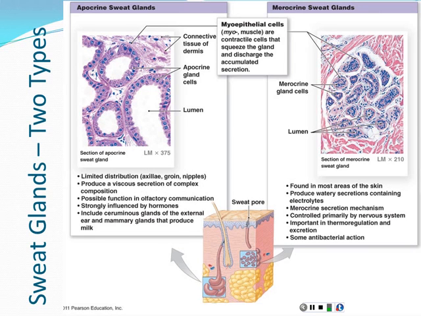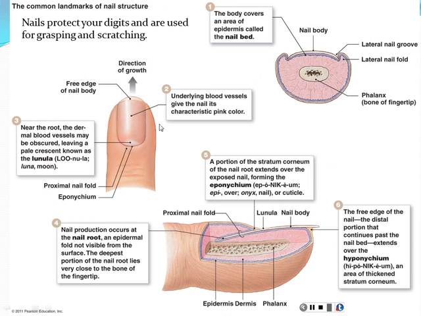So the reason body odor exists is not because of the merocrine sweat glands. It's the apocrine sweat glands. They produce a substance that bacteria break down, and those breakdown products have a smell. The apocrine sweat glands don't start producing anything until after puberty. The merocrine are on when you're born; these don't develop until later. All right. So apocrine and merocrine. Okay.